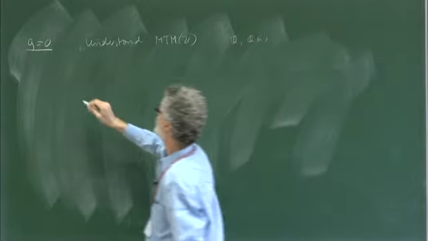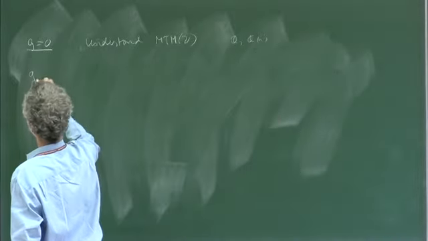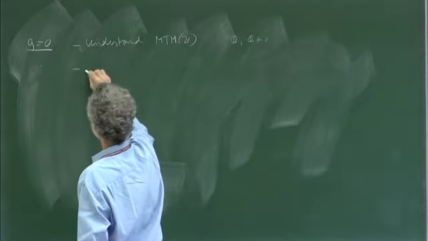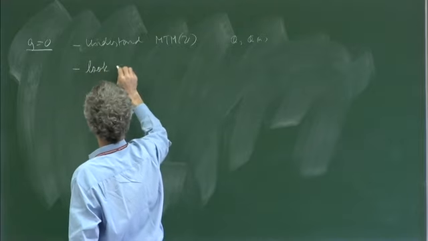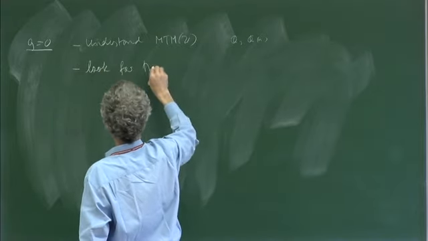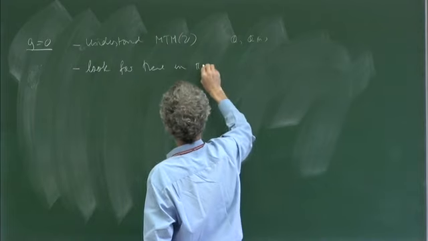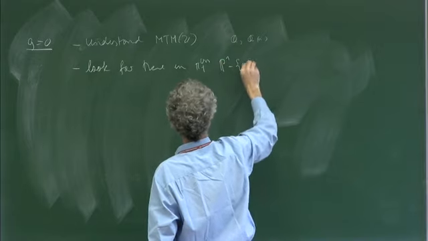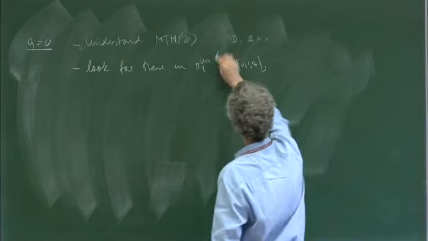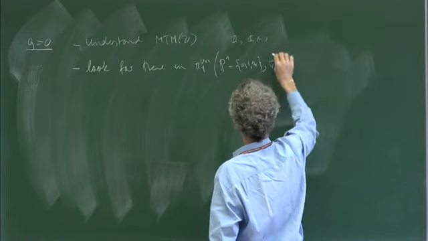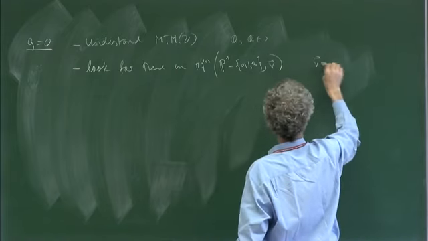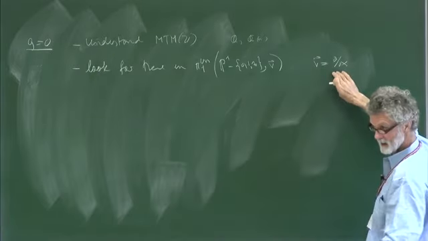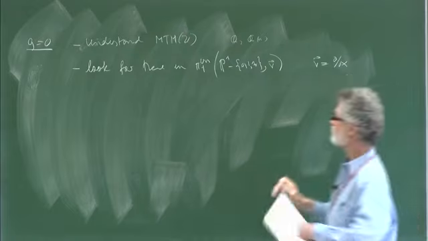The point of Deligne's paper was, where do you look for these? You look for these in pi_1 unipotent of P^1 minus 0, 1, and infinity, and you have to take an appropriate base point. The base point v is just d/dx. It has to be an integrally defined base point.